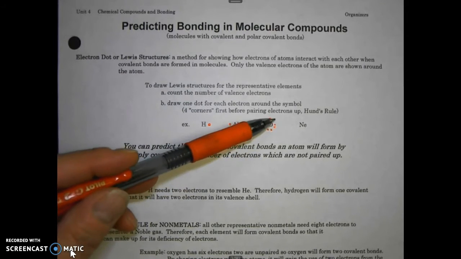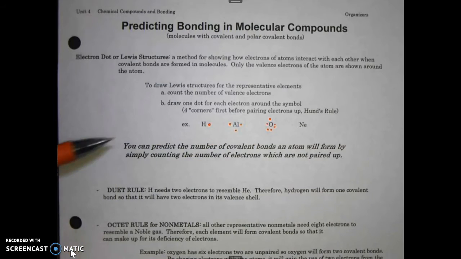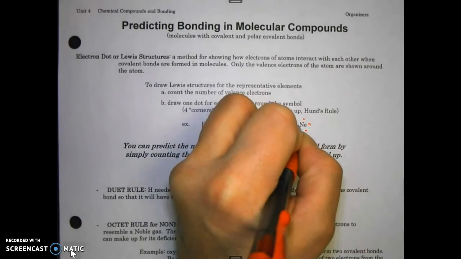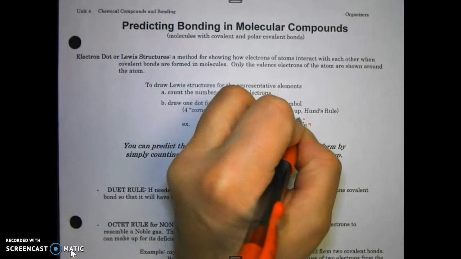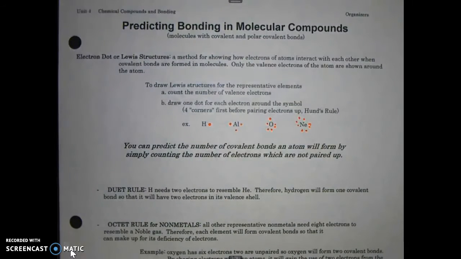So you want the paired electrons to be adjacent to each other, not across from each other. It's going to help you when we start looking at shapes a little further down the road. And finally with neon, we've got 8 valence electrons, so neon would have the first 4, and then we're going to pair them up. So there's neon's 8 electrons.